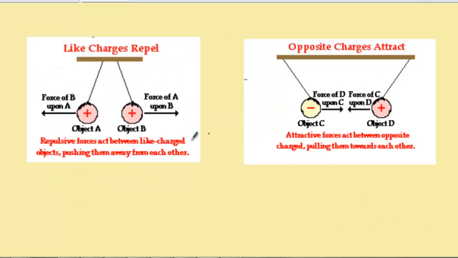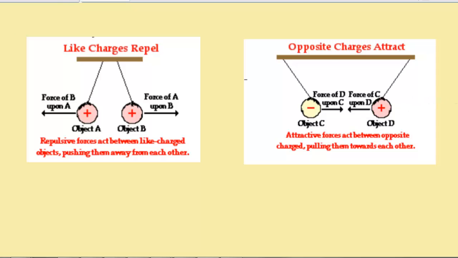All right, so moving along, let's think about the activity of these charges. Like charges repel, and so if you have two objects that are positively charged or two objects that are negatively charged, they will have repulsive forces that act between them, pushing them apart. And it's only when you have opposite charges they're attractive.